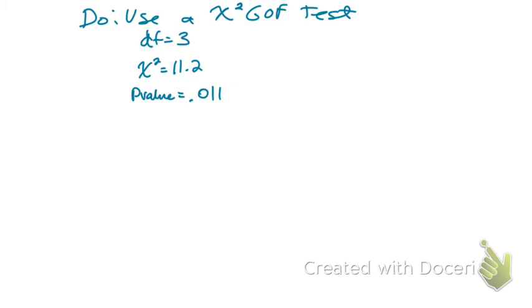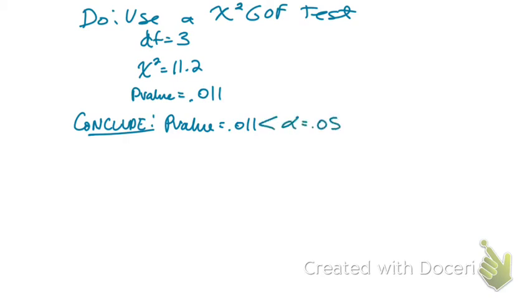All right. Conclude. Our p-value was 0.011. How does that relate to the alpha? It's less than. That is less than the alpha of 0.05. So what do we do when the p-value is low? Very good. We're going to reject the null hypothesis.